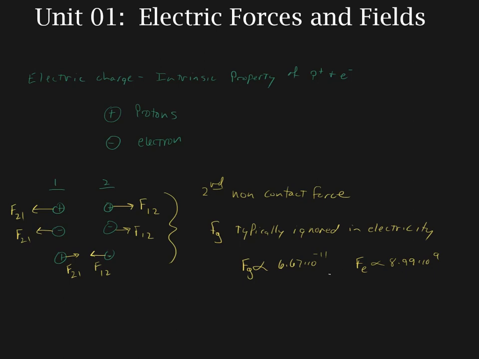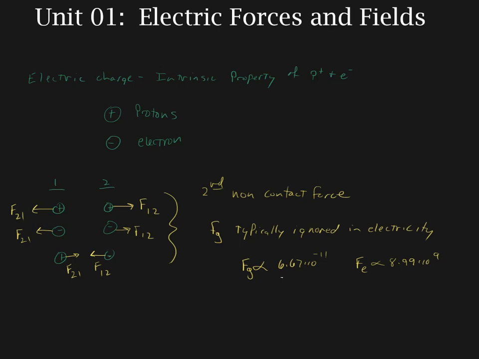The other way we know that gravity is going to be very small compared to the electric force is because it takes something the size of a planet to generate a relatively small force on, say, a person or a baseball or an apple.